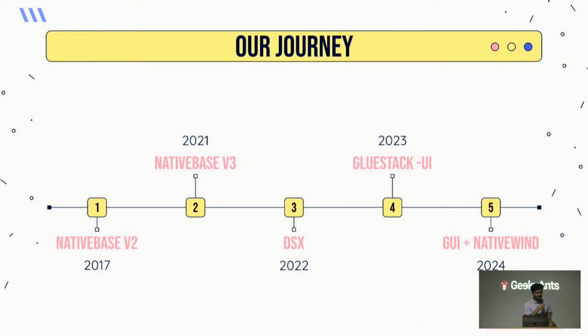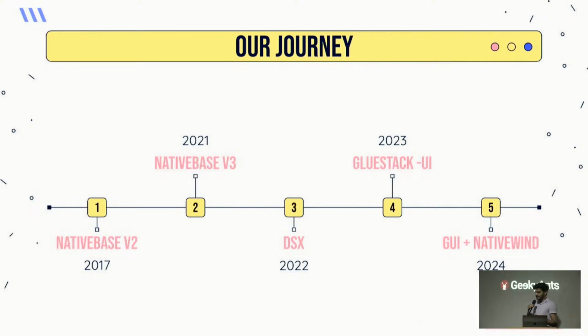In 2017, we launched NativeBase V2, and then after some time, we implemented design systems in NativeBase as well, and then we launched NativeBase V3 in 2021. After that, we created DSX, which is a tool for a similar design system. It allows third party companies to quickly build their own design system using NativeBase.